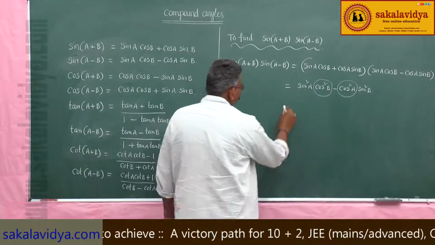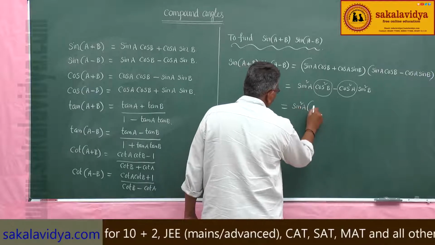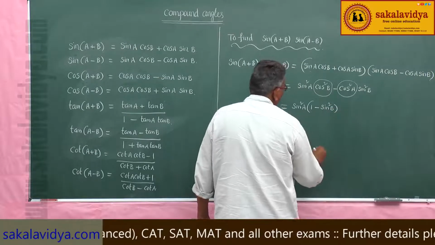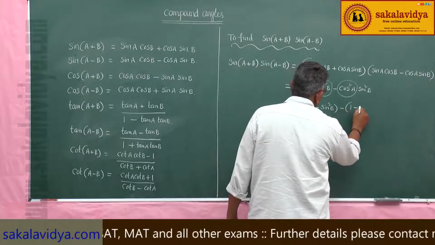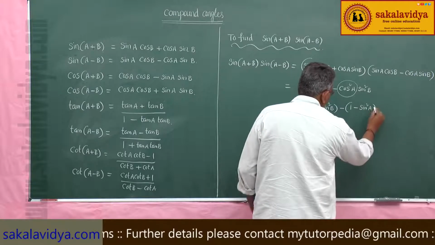Let us write it. So, sin square A into 1 minus sin square B and minus 1 minus sin square A into sin square B.